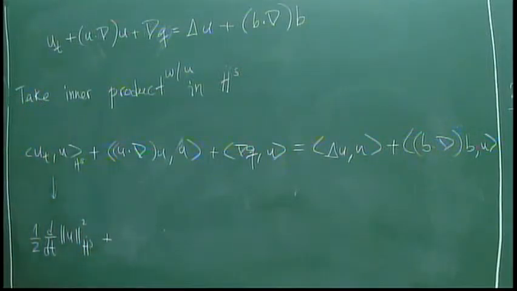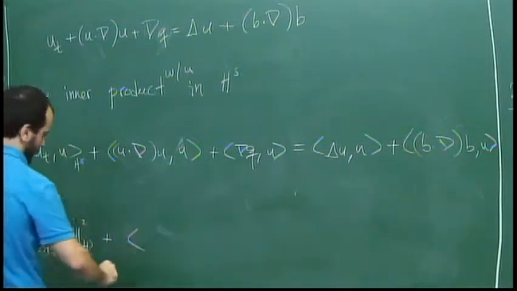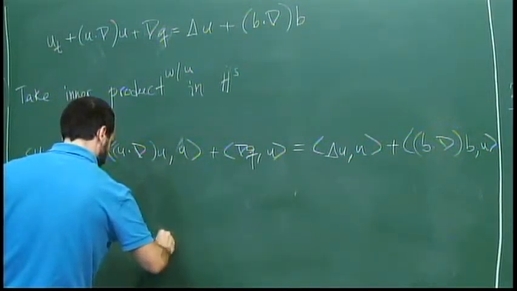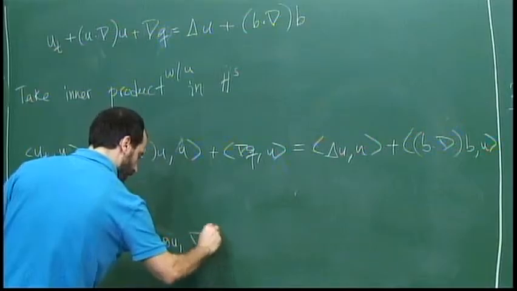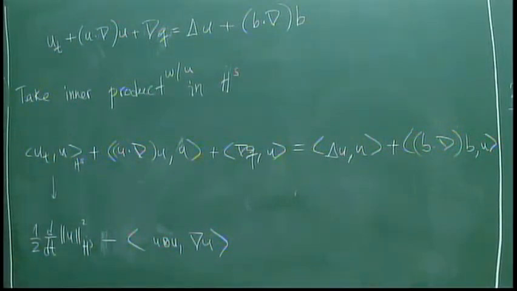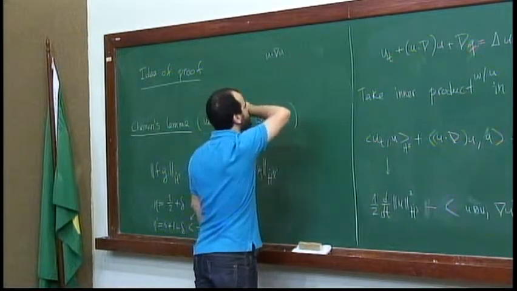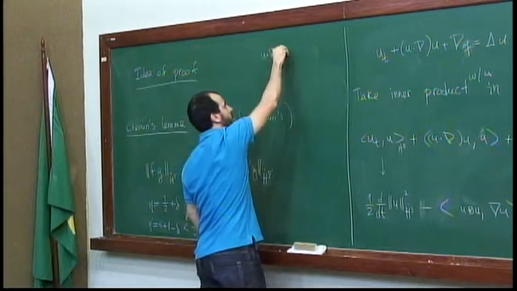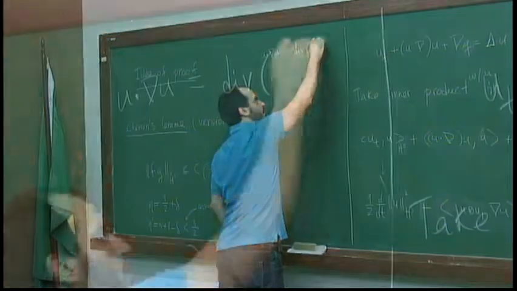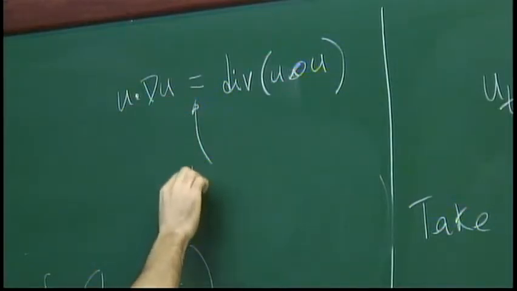And then here we can just play with symbols to get that this is U tensor U. Actually, we will use integration by parts here to get this term. And actually, this is the only place where we use that U is divergence free. So since U is divergence free, we know that this is actually equal to the divergence of U tensor U. So here is where we use that divergence of U is 0.